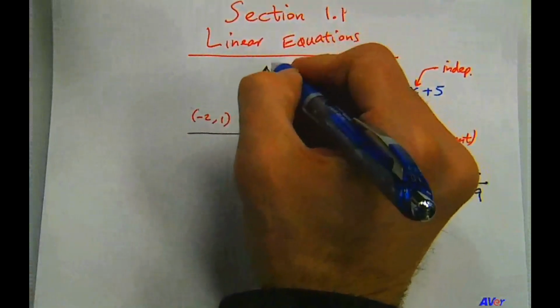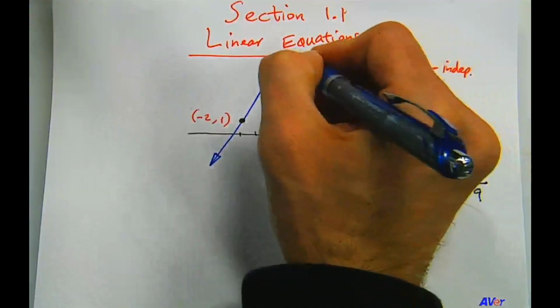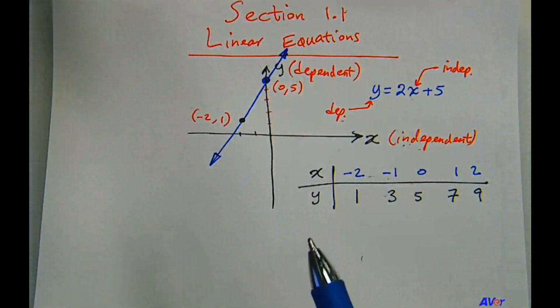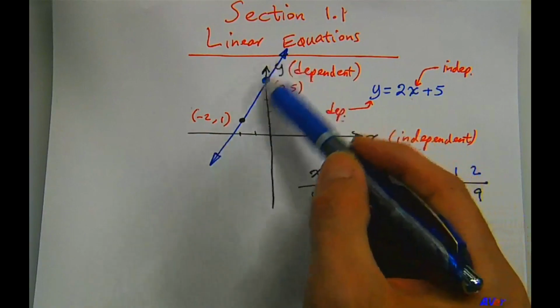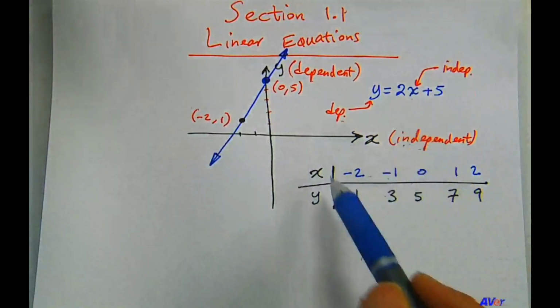I'll use my blue ink to do that. Hopefully I can do a straight job like that. Here's a straight line going through those two points. So here now, you have three different representations of the same exact idea: the relationship between x and y. The line is the graphical representation of that relationship.